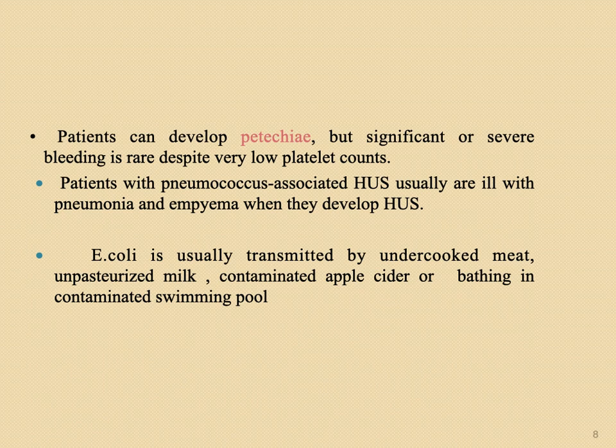However, significant or severe bleeding is rarely seen in those patients despite a very low platelet count. Patients with pneumococcus-associated disease are usually ill with pneumonia and empyema when they develop hemolytic uremic syndrome. The E. coli is usually transmitted by undercooked meat, contaminated apple juice, or bathing in a contaminated swimming pool.